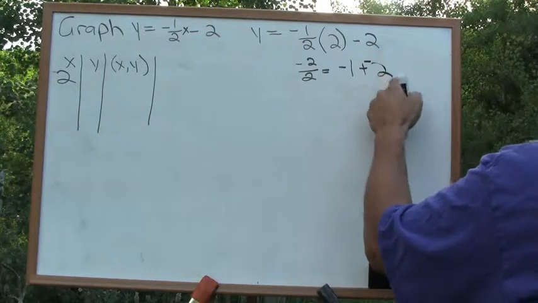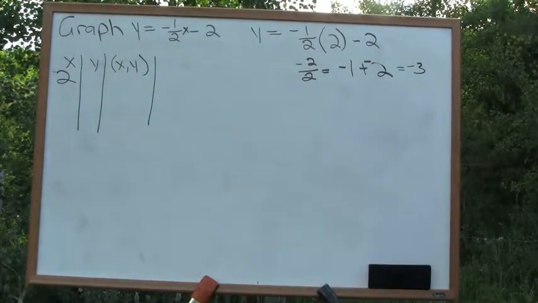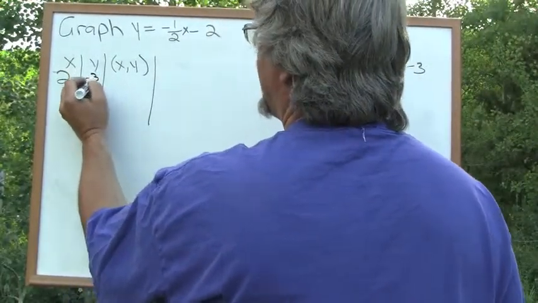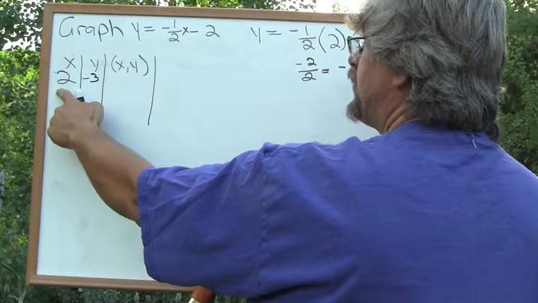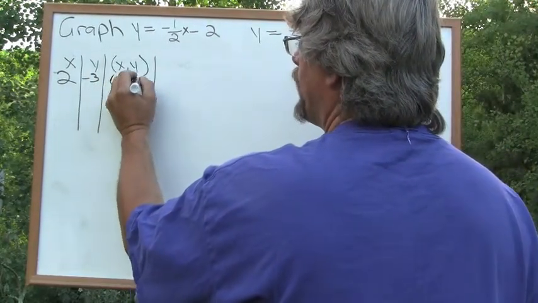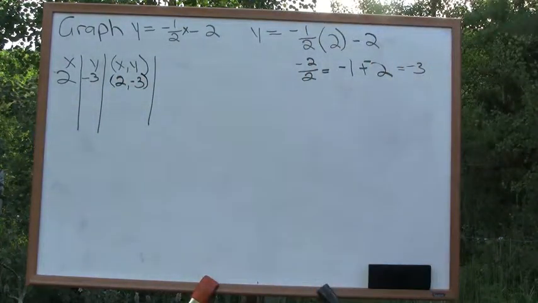So negative 1 plus negative 2 is negative 3. You see how I got that? So that's the value for y. When x is 2, y is negative 3, and there's our first coordinate pair: 2 and negative 3. That's kind of nice how that works.